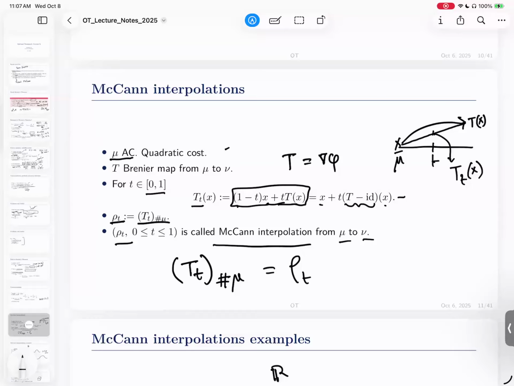What is that convex function? So capital T is already a gradient of a convex function. Any answers here?